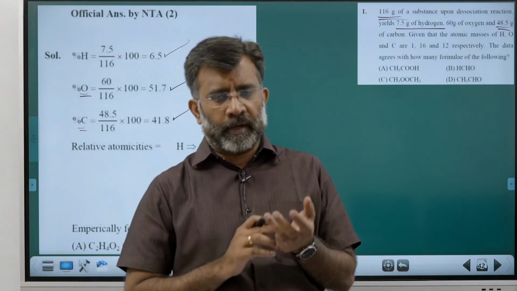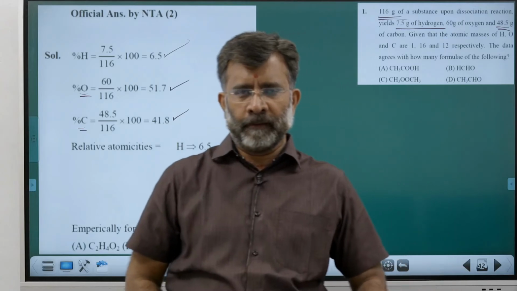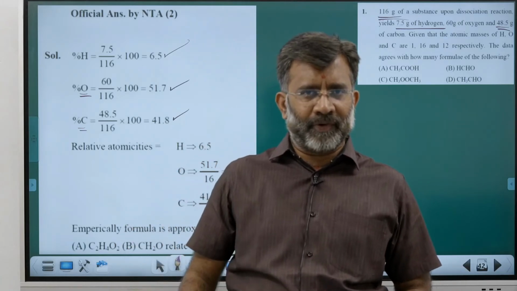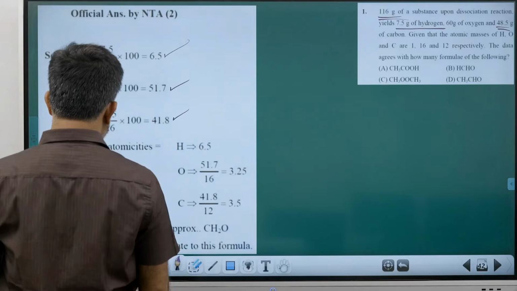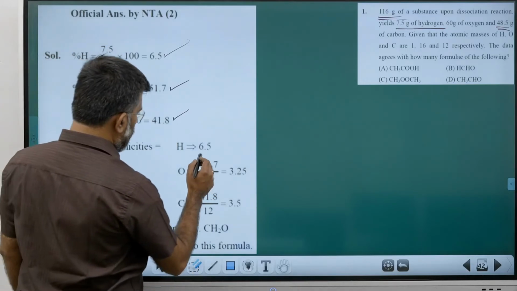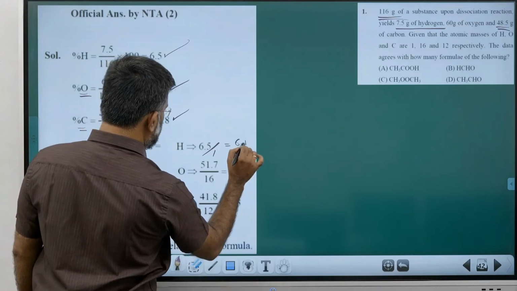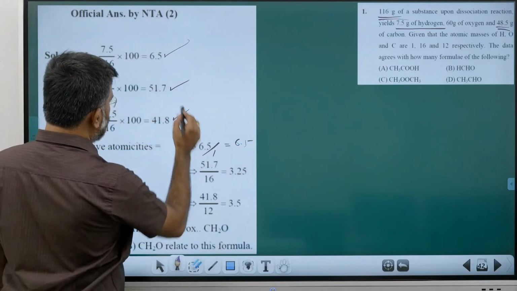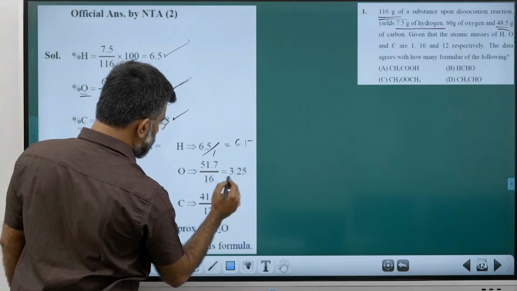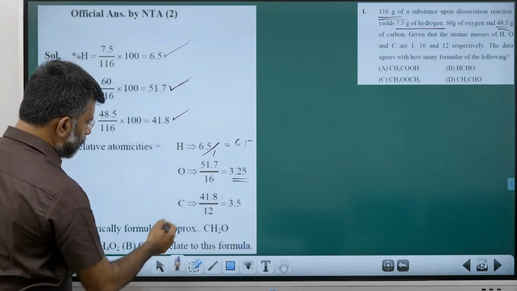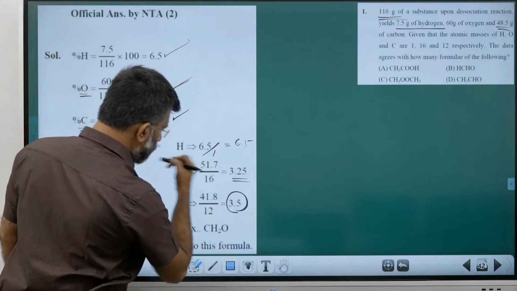So we have to find the percentage of hydrogen, carbon and oxygen, then find the empirical formula. The relative number of atoms: hydrogen 6.5 percent divided by 1 is 6.5. Oxygen 51.7 percent divided by 16 is 3 point something. Carbon also you will get 3 point something.